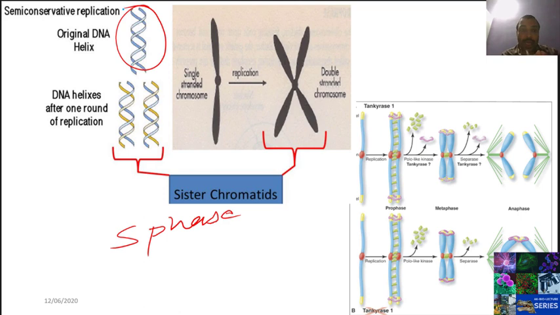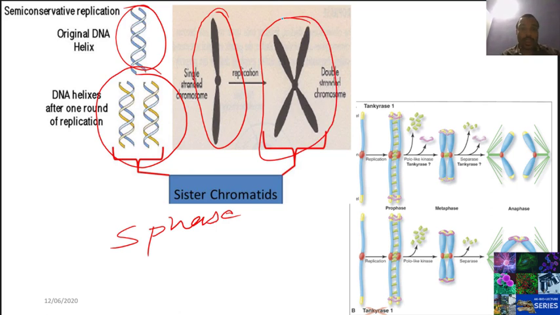Now one DNA is duplicated into 2 DNA, that is 2 sister chromatids. A single-stranded chromosome is now replicated into a double-stranded chromosome, which is connected at the centromere portion. So these 2 chromatids are called sister chromatids.